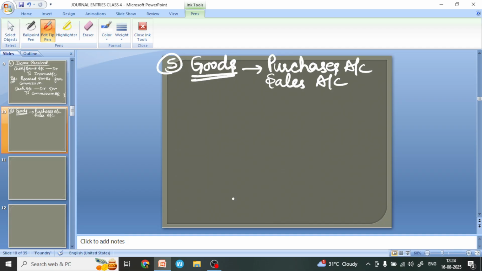Goods account is classified into five different accounts for the purpose of journal entries.